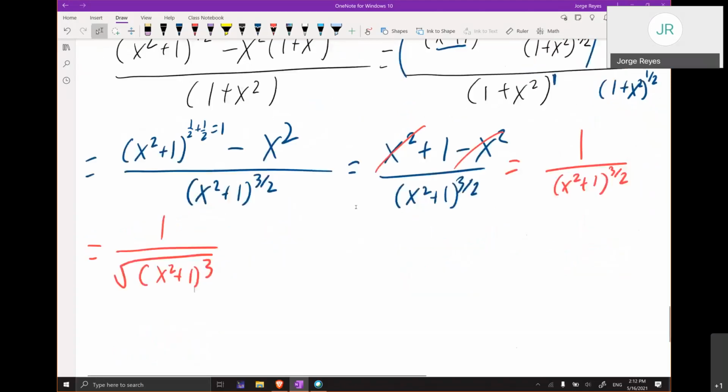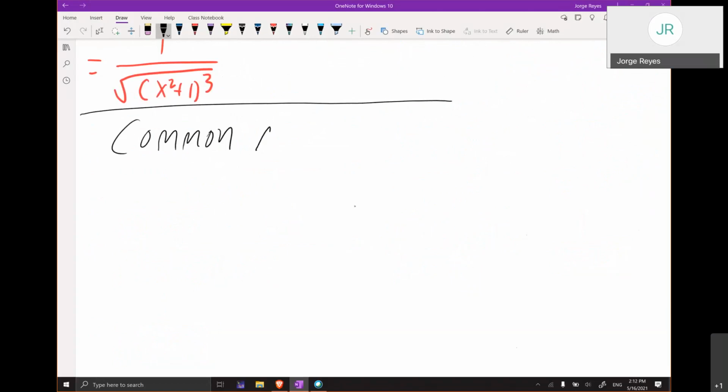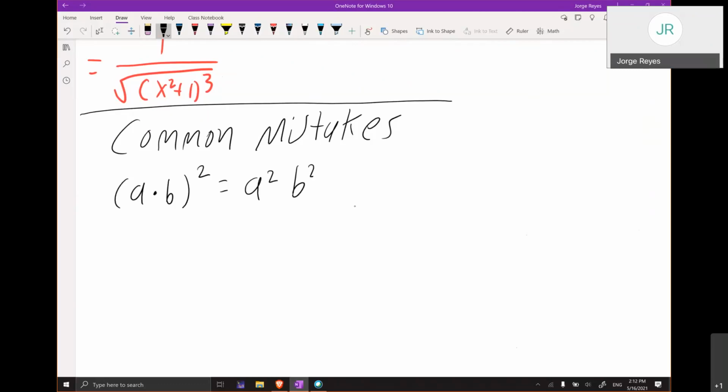Now, your textbook has a table of common mistakes. I want to talk about a few of them. Let's remember that if we have two things in a parenthesis multiplied, you can distribute the power. This is okay.